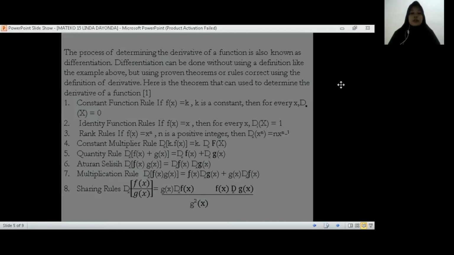Constant multiplier rule. d/dx of k f(x) = k d/dx of f(x).